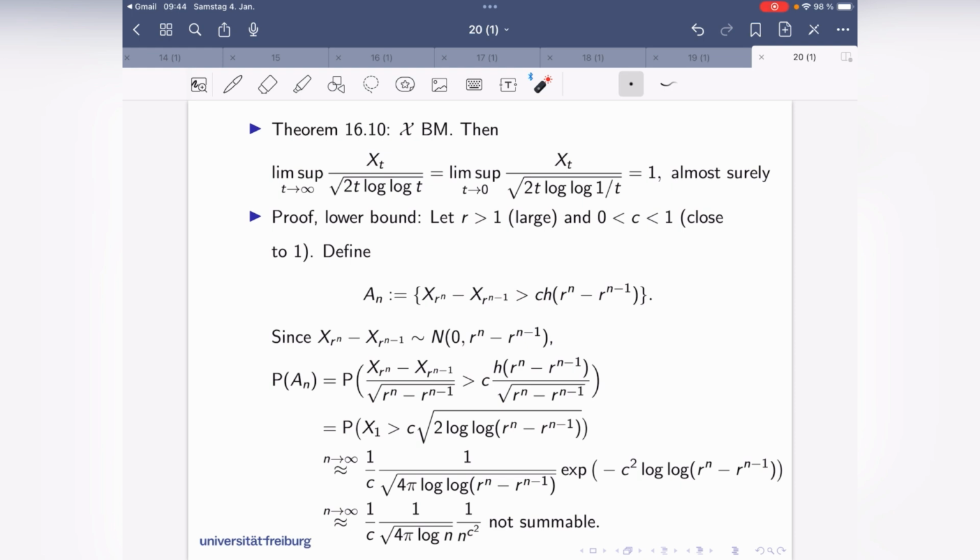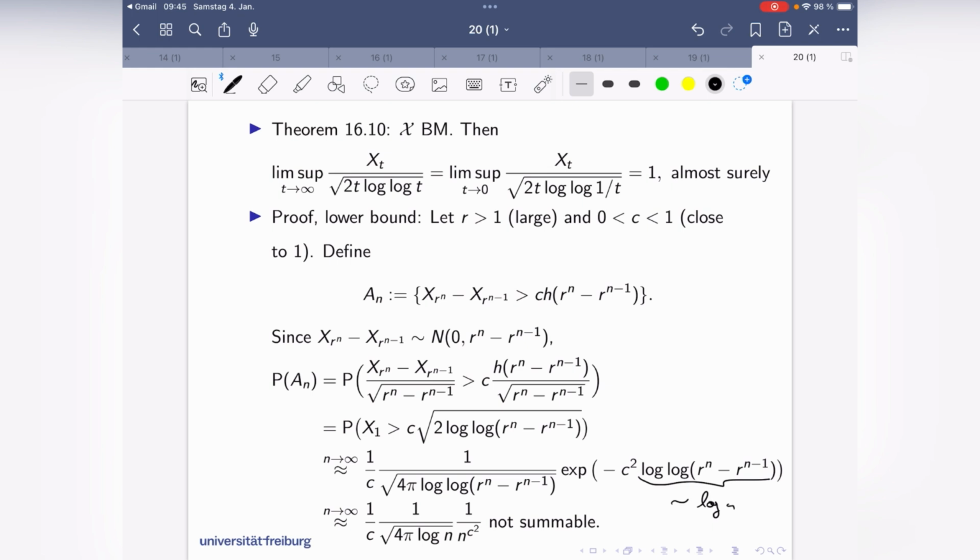Now if n is large, we already had that this thing here is about log n.